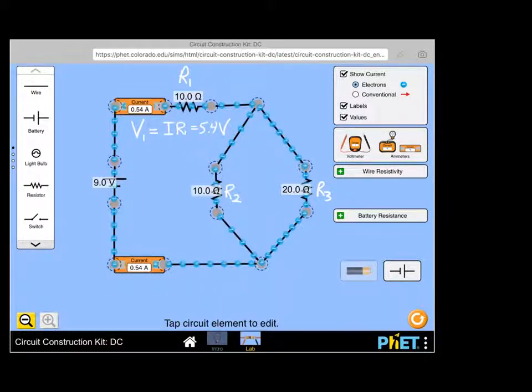So that means that over here, this parallel branch, the voltage drop here has to be equal to the 9 minus 5.4. All right, that's going to be 3.6, right? So we know that there's 3.6 volts on this parallel branch.